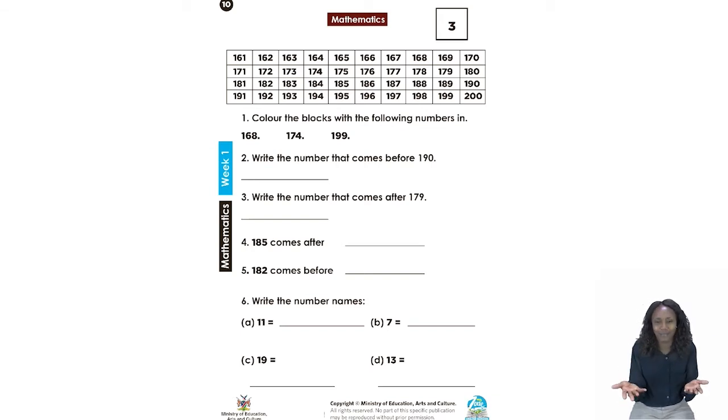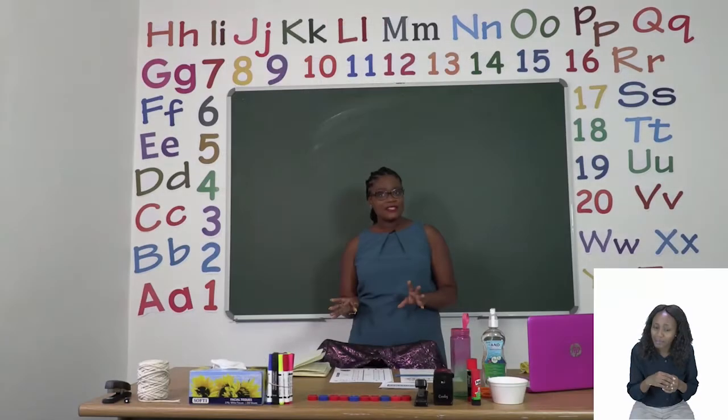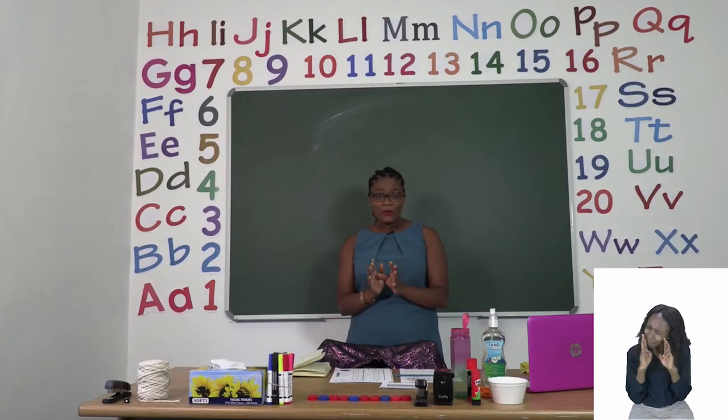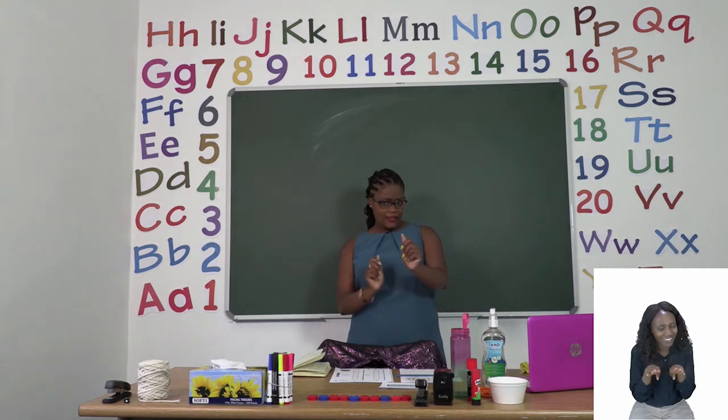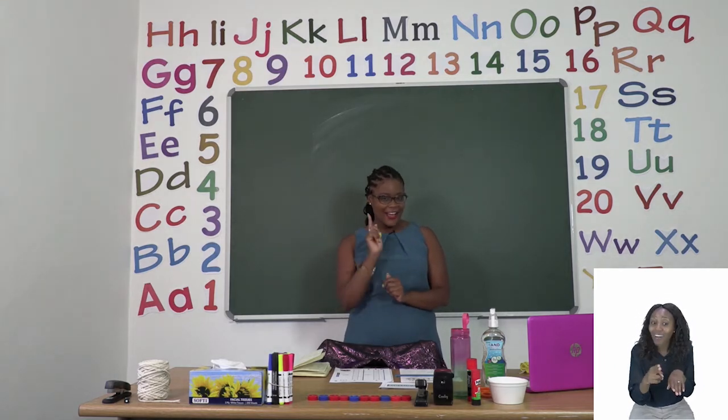And when you are writing them, take your time. Find the correct spelling and write it out neatly so that we can see what is going on. I hope you'll be able to do this exercise and make sure that when you're doing it, check if your answers are correct. Have fun.